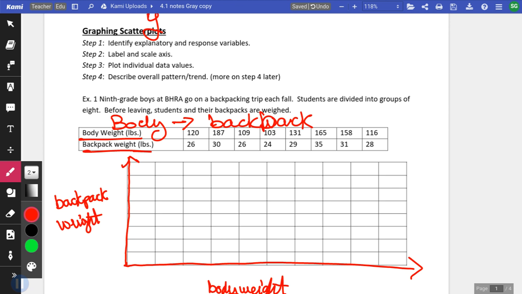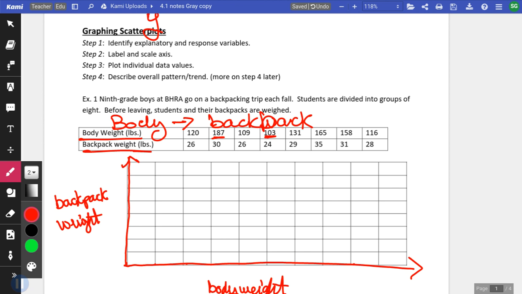Okay. And then you have to figure out how you want to scale it. Body weight is going from 103 to 187. We've got 1, 2, 3, 4, 5, 6, 7, 8, 9, 10 spaces.